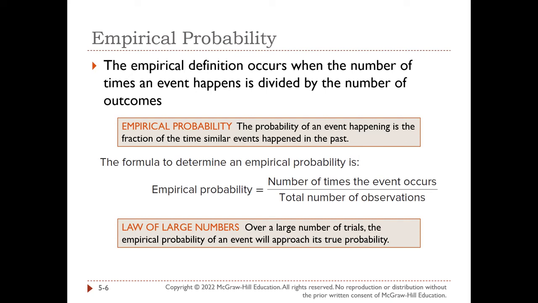If anybody knows who Stephen Curry is, he is a member of the Golden State Warriors at the time of this recording, and made 278 out of 302 free throw attempts during the 2017-2018 NBA season. Based on the empirical approach to probability, the likelihood of him making the next free throw attempt is 92%. That's where we get our free throw percentage. They always look at historical data.